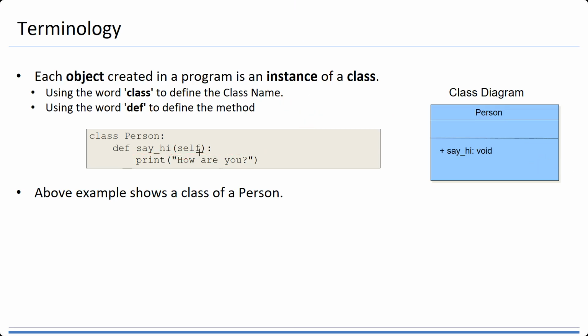For this one, we have one method and we need to define it in the class diagram. The method name is say hi. And then we have a data type. Point means it is a function, with no particular data type.